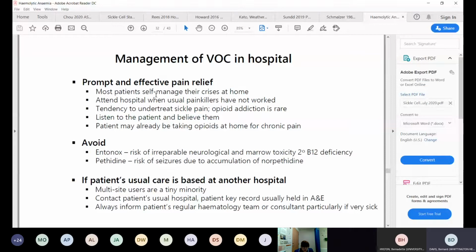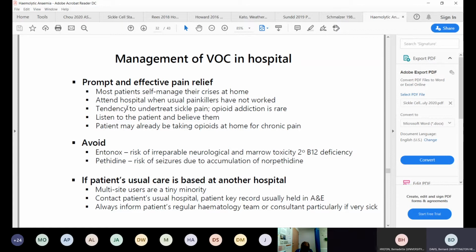So when you see a patient in hospital with a painful crisis, nearly always it's because the usual strategies have not worked at home, and they're in hospital because they have to be there. Now, of course, there are one or two patients who unfortunately have difficult problems and may abuse the system, but don't tar everyone with the same brush. Most patients will come in because the pain is severe and they're not able to deal with it at home. That's why they're in hospital.